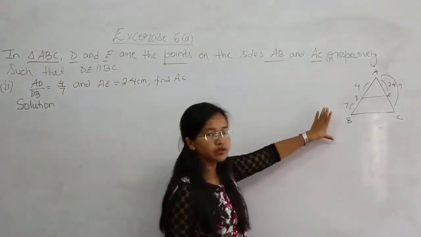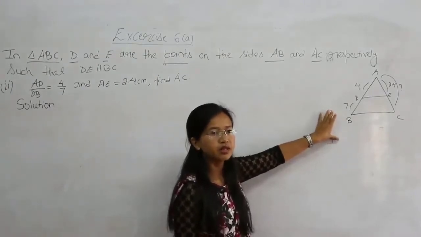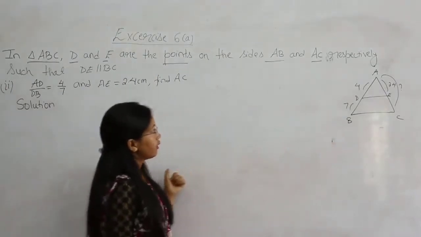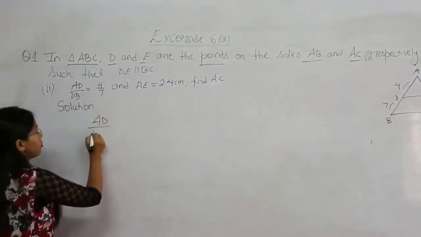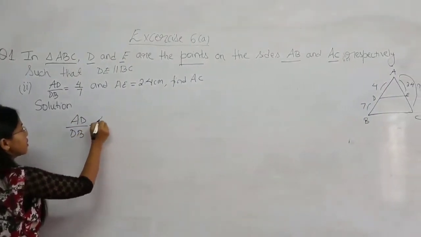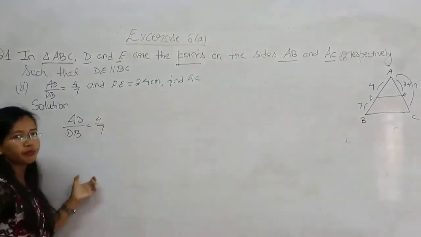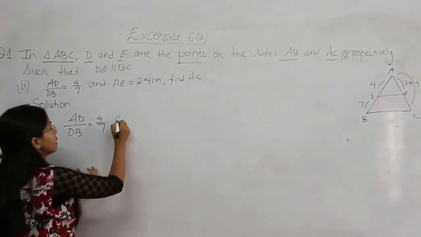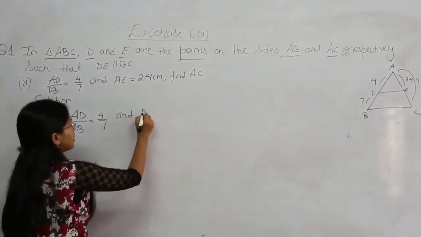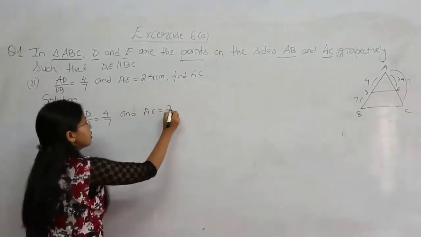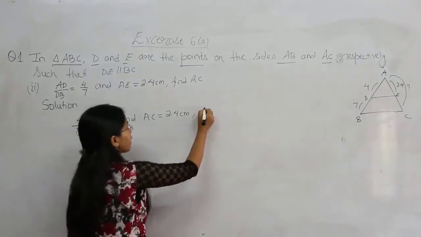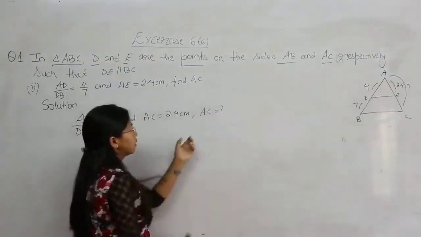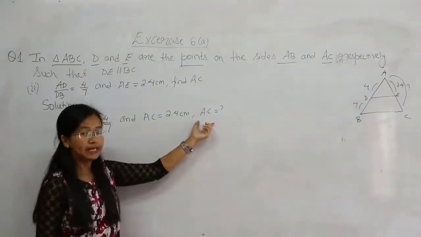Right, we will solve this by using Thales theorem again. So here we are given AD by dB, which is equal to 4 by 7, and AE, which is equal to 2.4 centimeter. Then we have to find AC. We don't know what will be our AC.